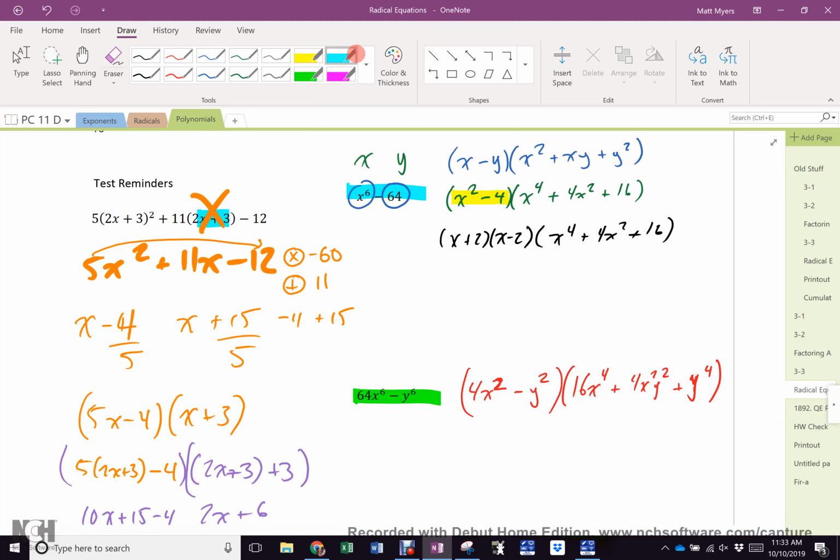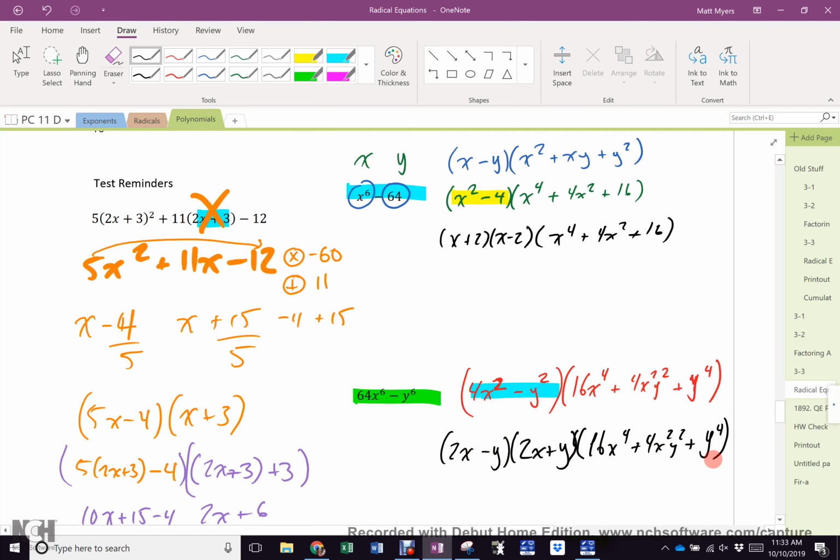And then you should see right there, it's another difference of squares, 2x minus y, 2x plus y, 16x to the fourth plus 4x squared y squared plus y to the fourth.